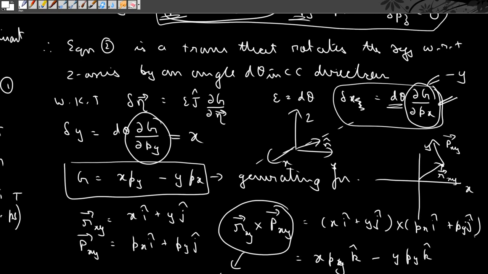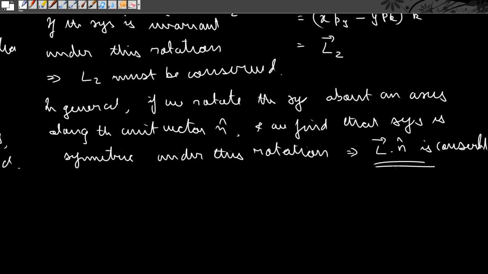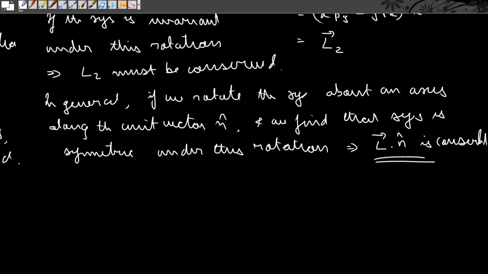So this is just the generalized result, nothing special. So in general, if the system is symmetric about a rotation about an axis, then the component of angular momentum along the axis is going to be conserved. This is what our connection between symmetry and conservation tells us.